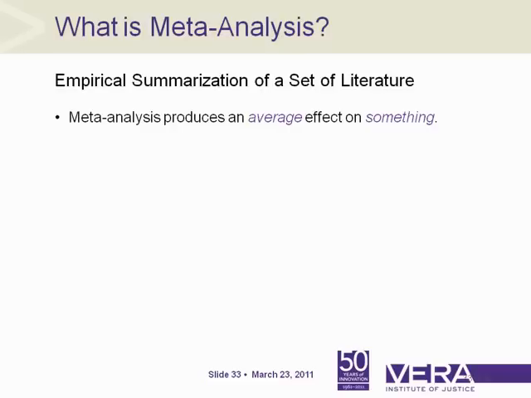So in this case, we're talking about crime, but it can be something like I said earlier, graduation or child abuse and neglect. But generally, when you're trying to do cost-benefit analysis, it has to be an outcome that you can monetize. So crime can be monetized.